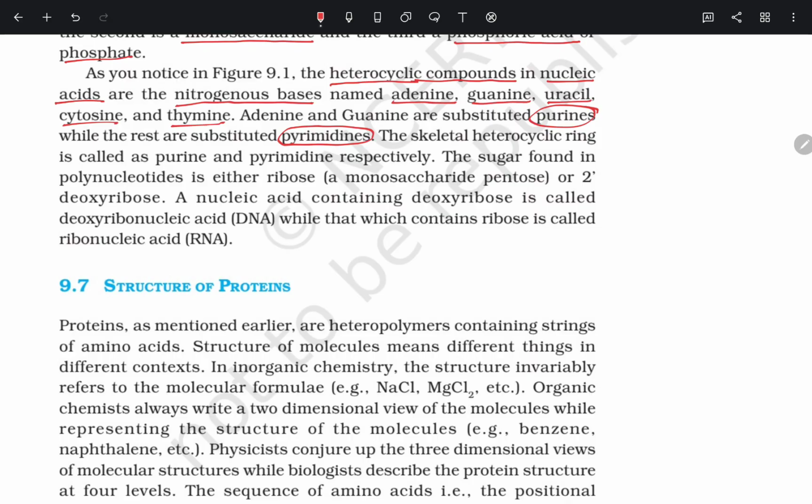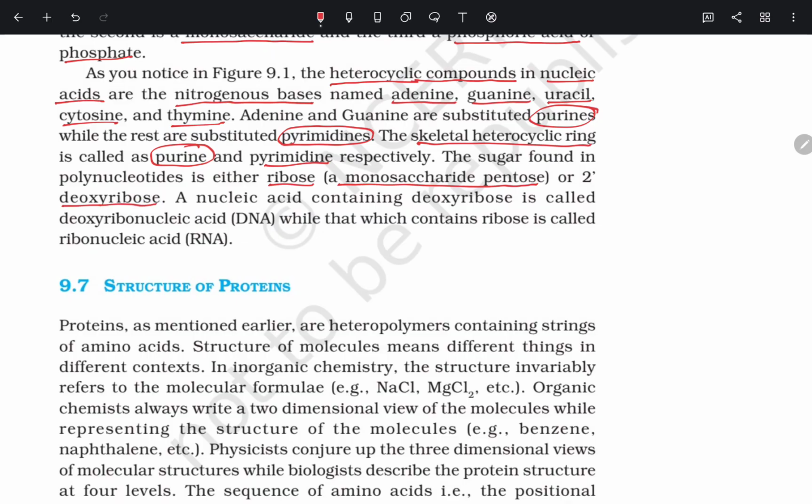The skeletons of the heterocyclic rings are called purine and pyrimidine, respectively. The sugar found in polynucleotides is either ribose, a monosaccharide pentose, or 2-deoxyribose.